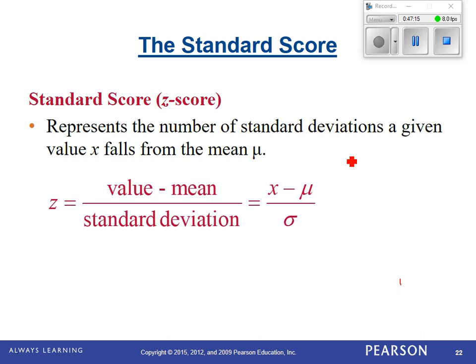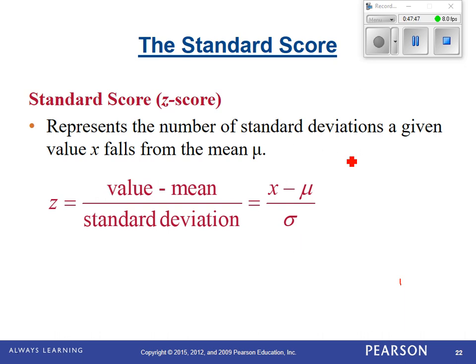This is the formula to find a Z-score, or to change a number into a Z-score. Now with this one, it looks like I'm using what? A population or a sample? Population.